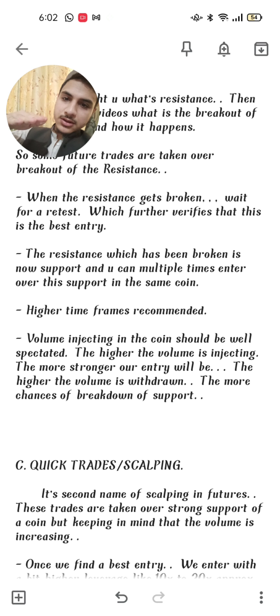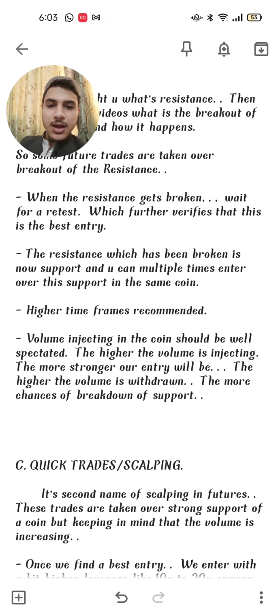For example, if the support hit and you've entered into the trade and you made profit by the coin rising and pumping, and then again the coin drops down and retests the support, what you do, you again enter into this coin because this support is now a good support, and you can take entry multiple times here and make profits multiple times.